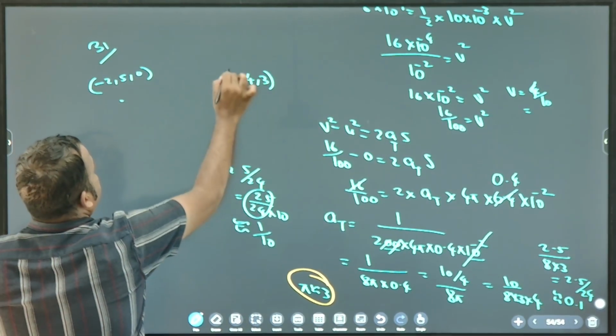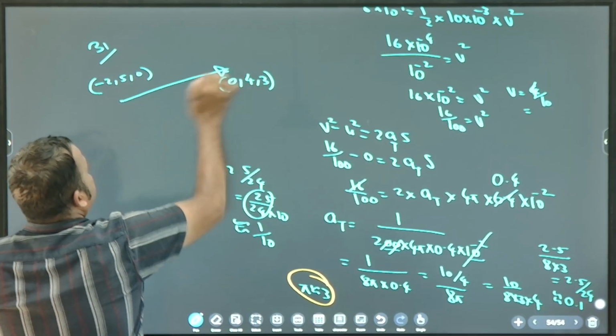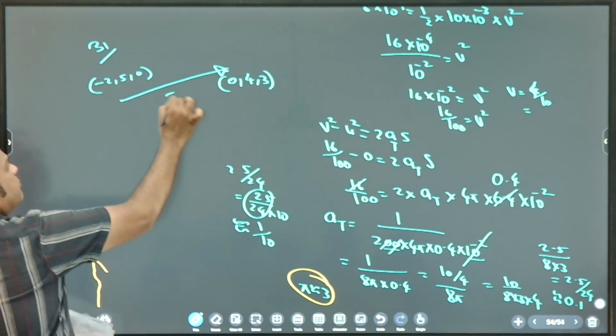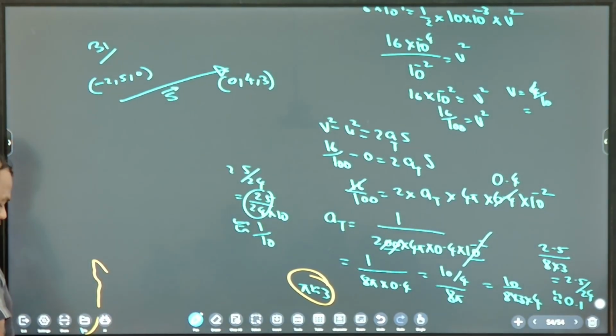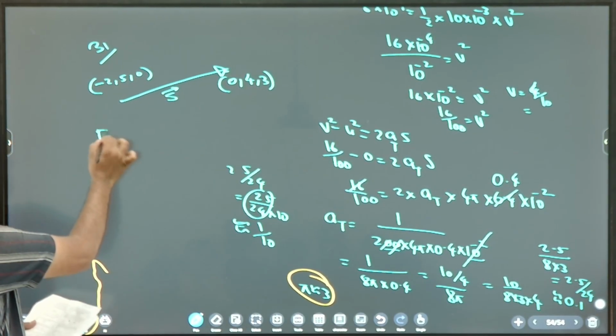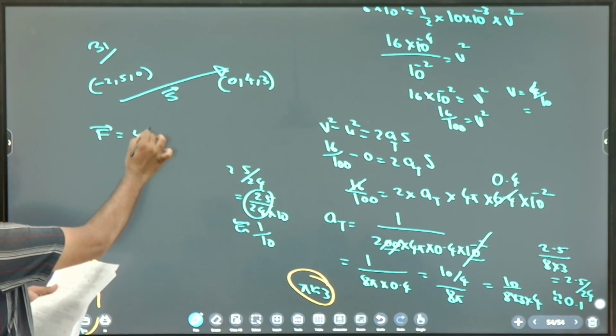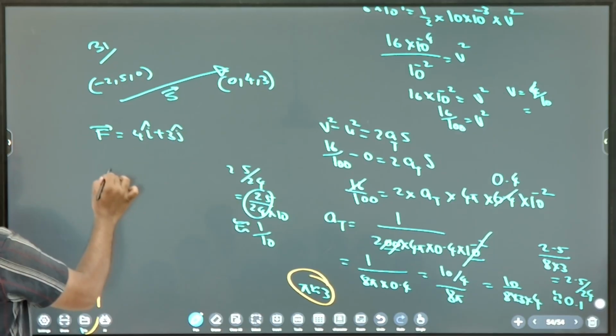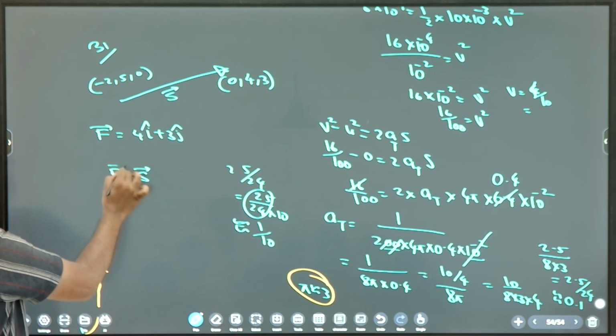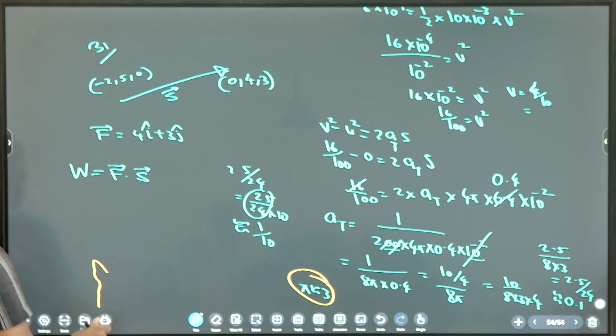So it is going from one point to another point. So this is the displacement vector. Force is given, 4i plus 3j. Now use dot product F dot S. Work done is equal to the dot product.